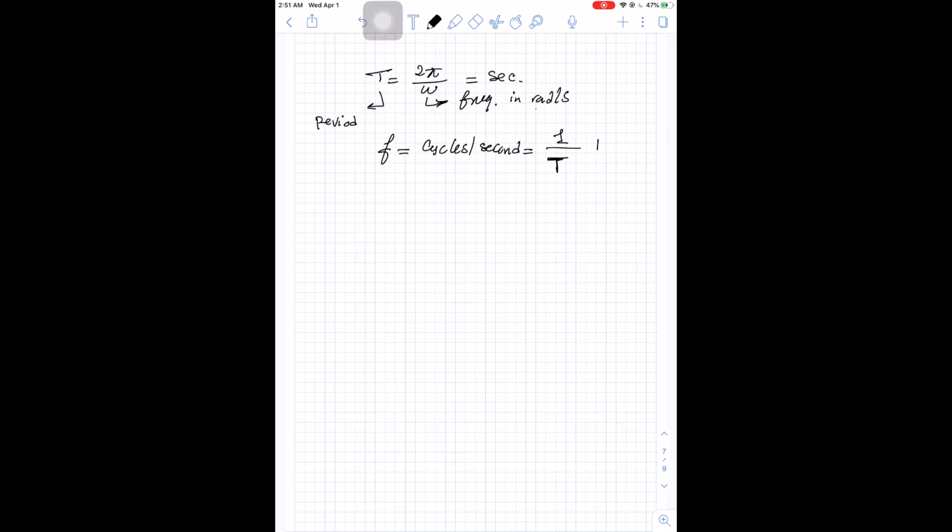So f, which has a unit of cycle per second, or hertz, equals 1 over T. So f equals 1 over T, or f equals omega over 2 pi, or we have omega equal 2 pi f. This equation will convert the frequency from hertz, or cycle per second, to radian per second. These are the two units for frequency.